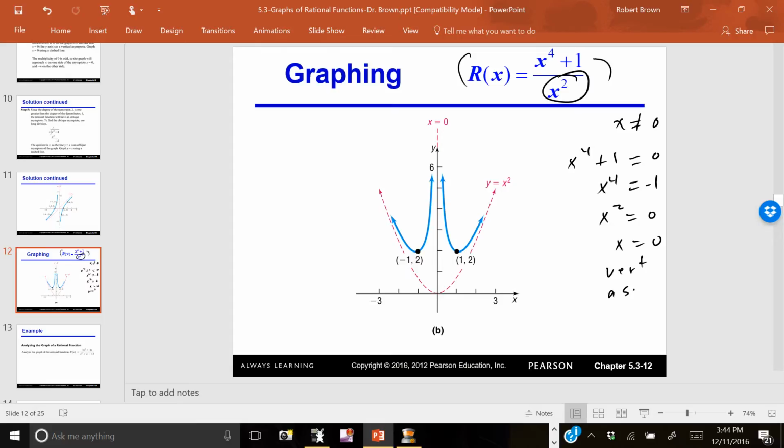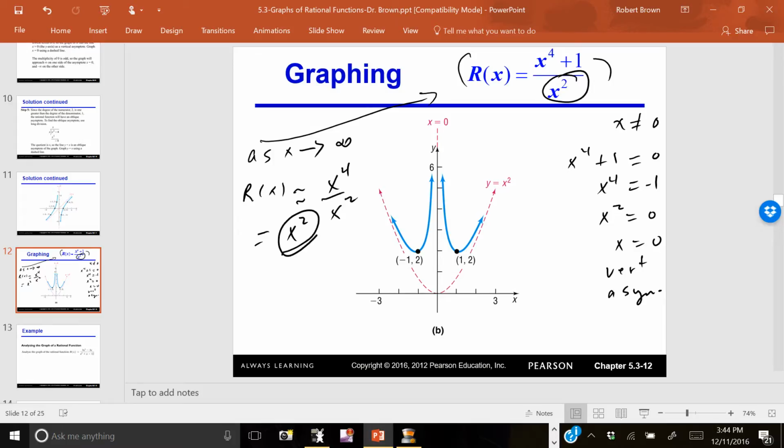Notice that as x goes to infinity, the r of x looks like its dominant term in the numerator, which is x to the fourth, divided by the dominant term in the denominator, which is x squared, and that's equal to x squared.